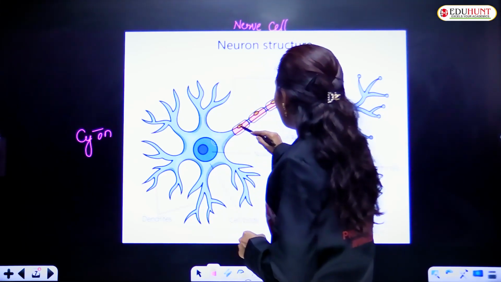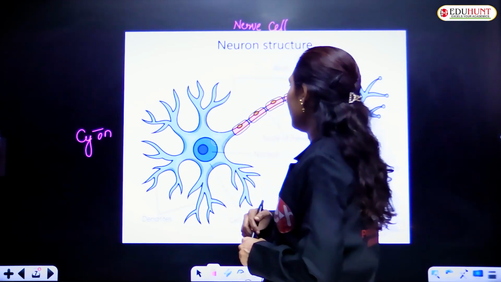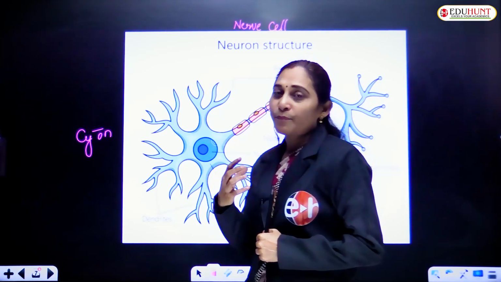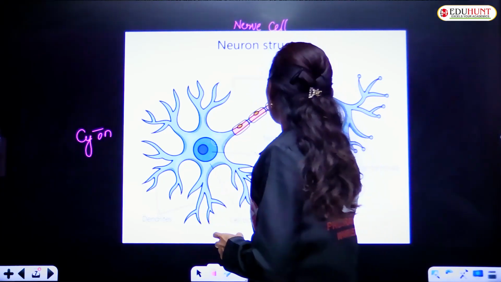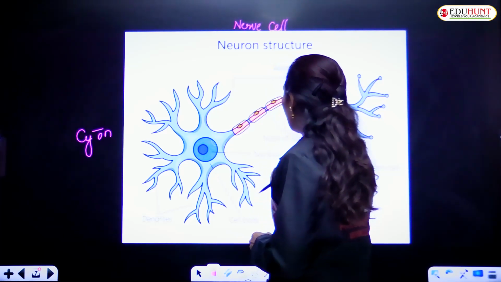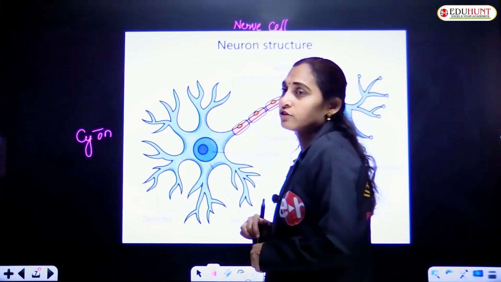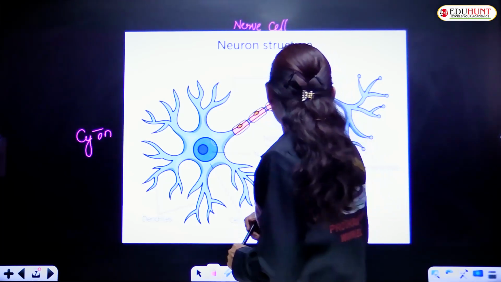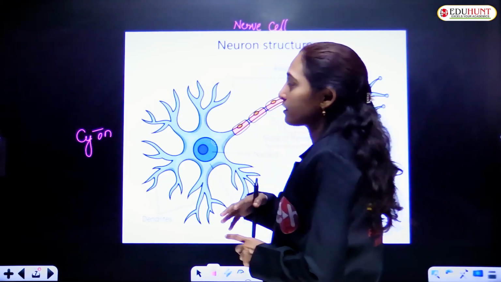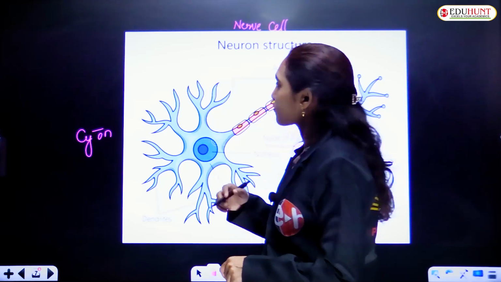And the axon is surrounded by a sheath called the myelin sheath, and there are node-like structures called the nodes of Ranvier, and all these structures appear in the axon.